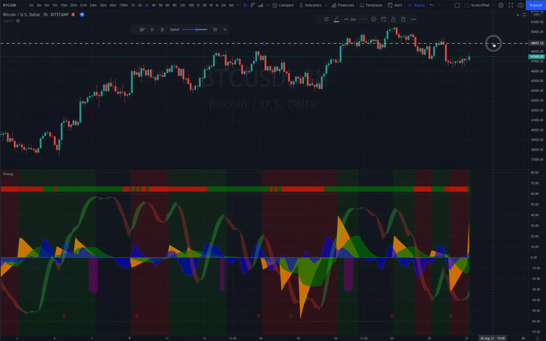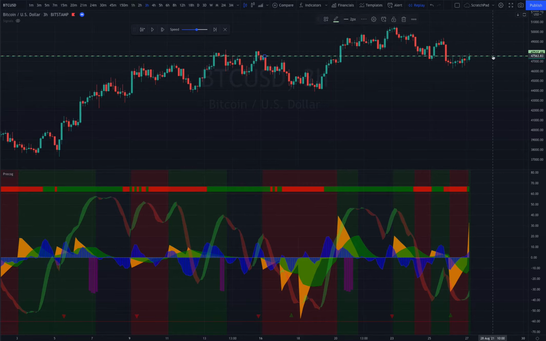So right now I have green, which is up, orange is up, blue is up, green wave's down. That's three up, one down, taking a buy. Get that there so we can remember where we're at.